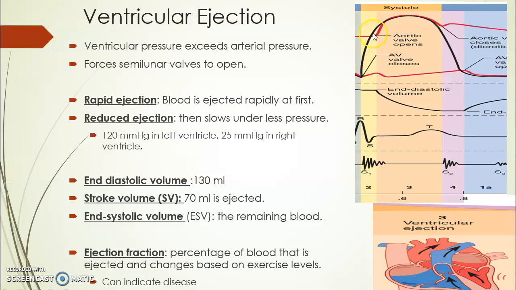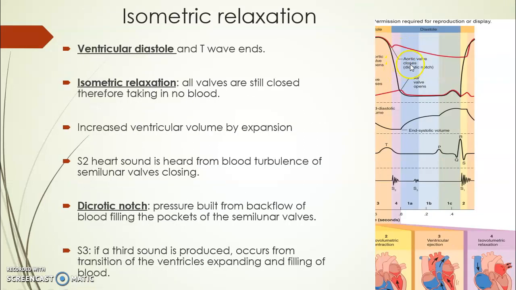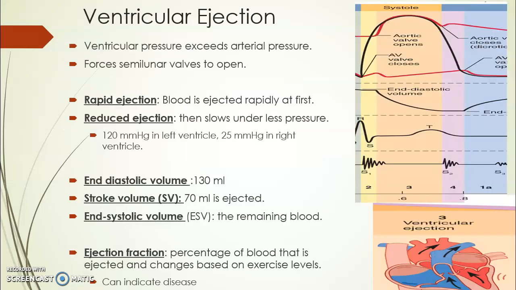Now, as you can see, as it continues to move on, and we have the AV valve opening again and the aortic valve closing, this pressure is now going to come back to where it was, and we're going to have that ventricular diastole. So, which is going to be consistent again with that T wave that is indicating that we are having ventricular repolarization.